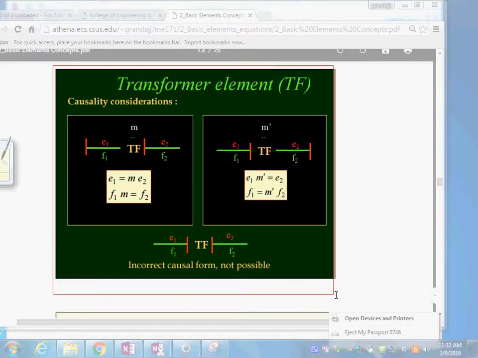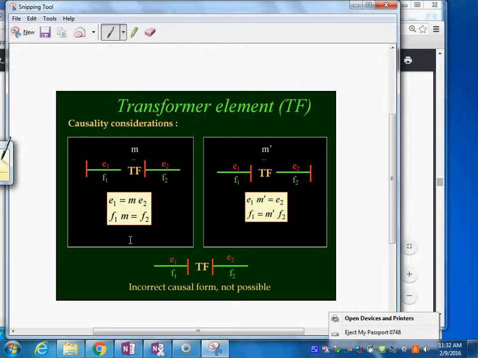So that's the transformer constitutive relationship.